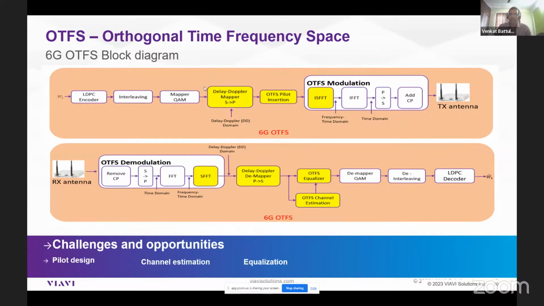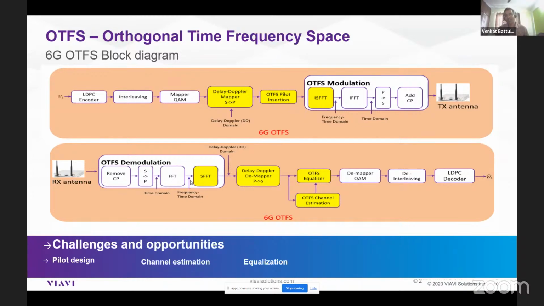So you have the frequency-time domain, which is your OFDM, and one step above it is the delay-Doppler domain. On the receiving side, it's again your traditional OFDM reception. You receive your time domain signal, convert into the frequency domain by using FFT, and then one step more, a fast Fourier transform to get into the delay-Doppler domain.